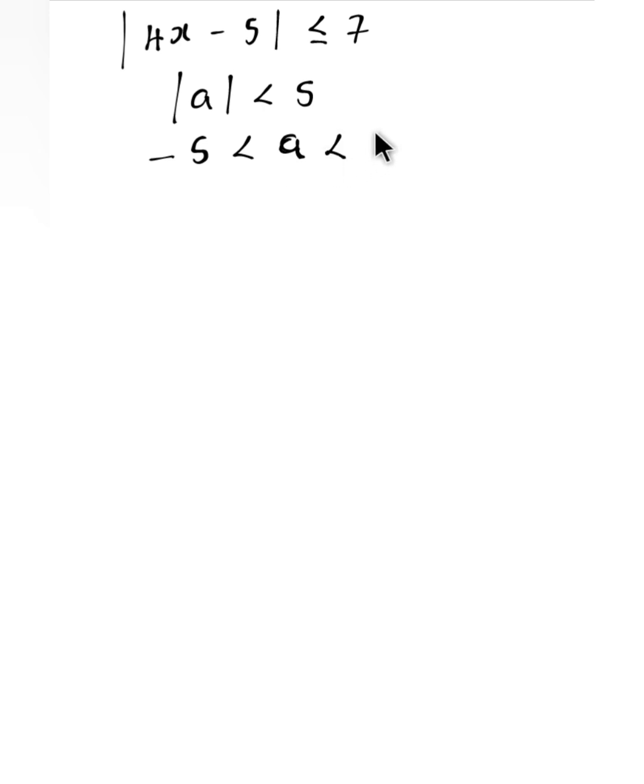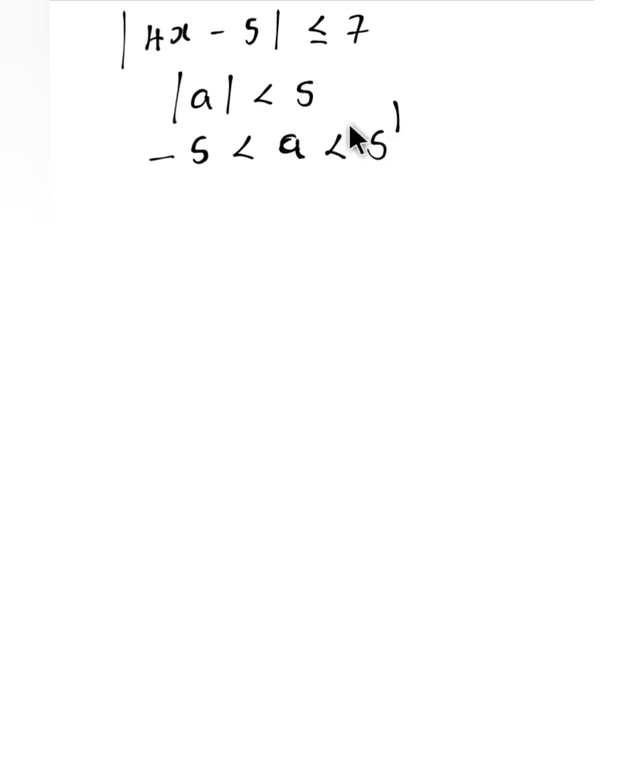In example 4, we're going to simplify the absolute value of 4x minus 5, and this is less or equals to 7. Now, dealing with absolute value is quite easy. For example, if the absolute value of a is less than 5, if I was to simplify this expression, it implies that minus 5 is less than a less than 5.